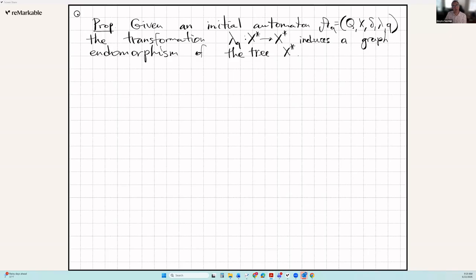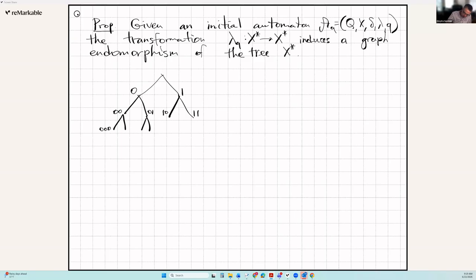All right, so it's kind of natural. The idea is very simple. If you have, for example, let's talk about a binary tree, so this is, let's say, 0, this is 1, this is 00, 01, 10, 11, and so on.